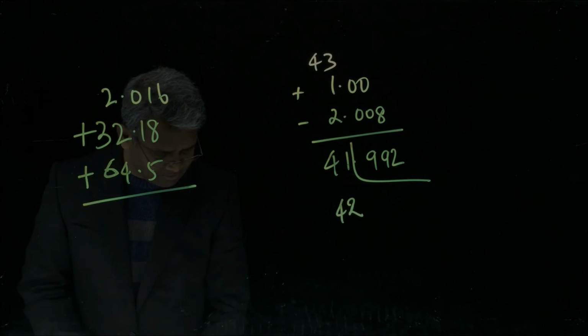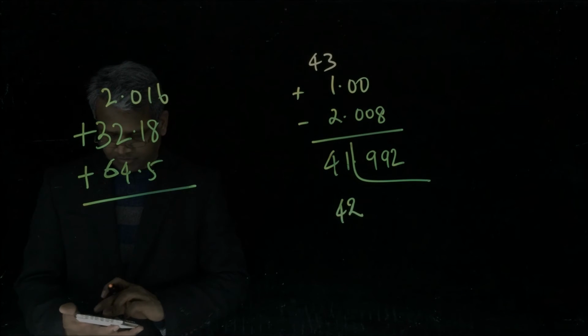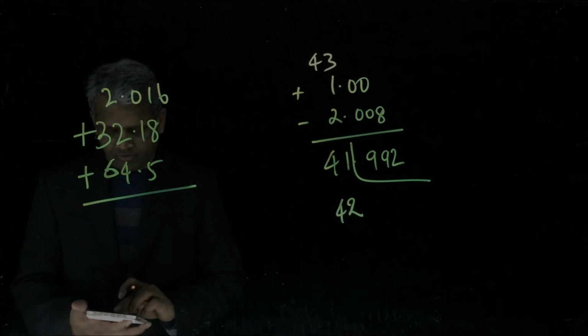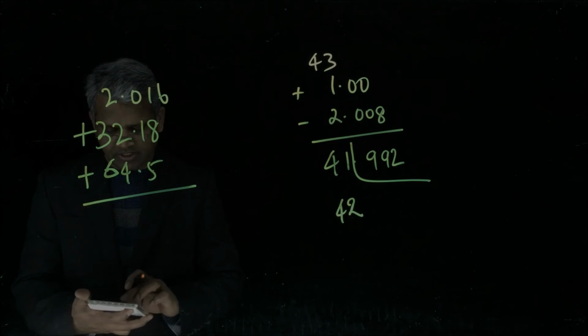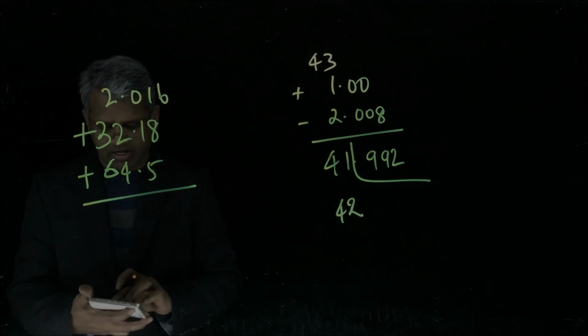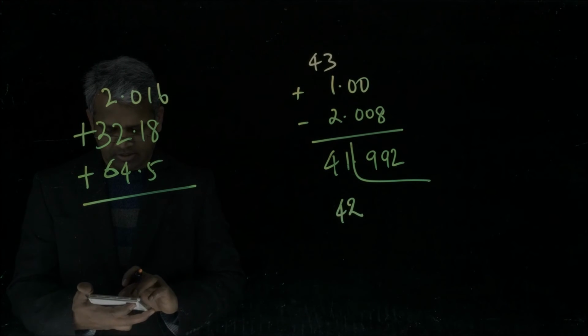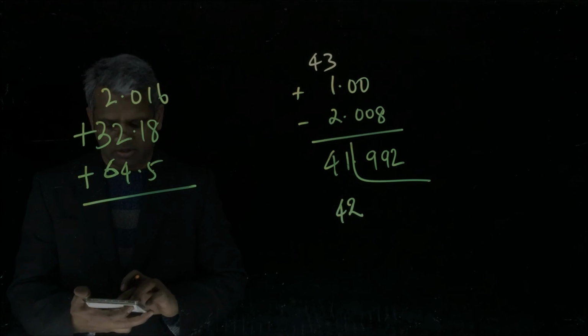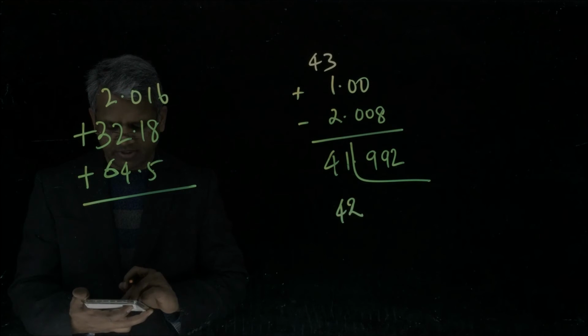Okay, let's do the math. 2.016 plus 32.18 plus 64.5.